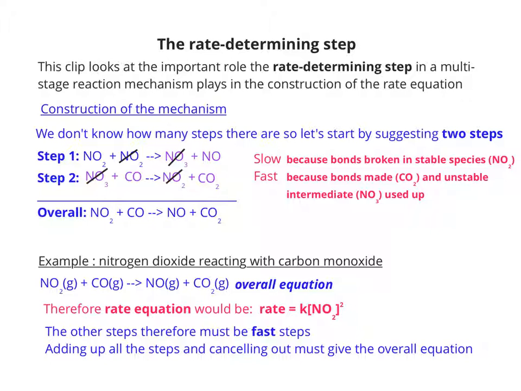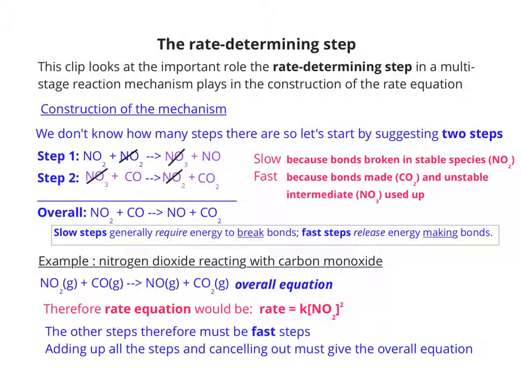And in addition, in this case, an unstable intermediate, NO3, is being used up. So to summarize, we can say that slow steps tend to use up energy by bond breaking, and fast steps tend to give out energy by bond making. So it is worth linking this idea to the thermodynamics of what's going on as well.